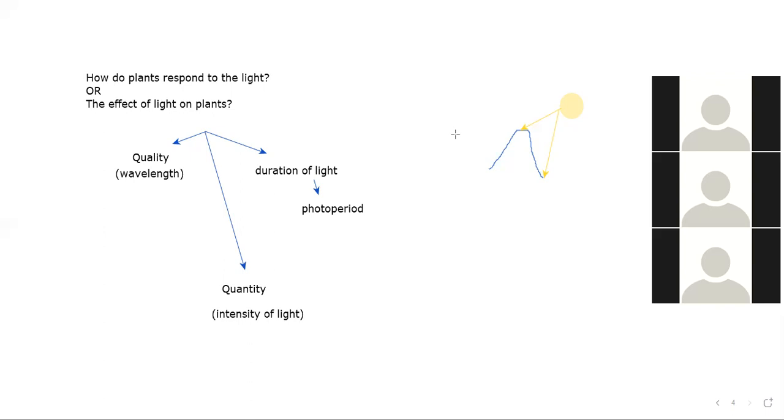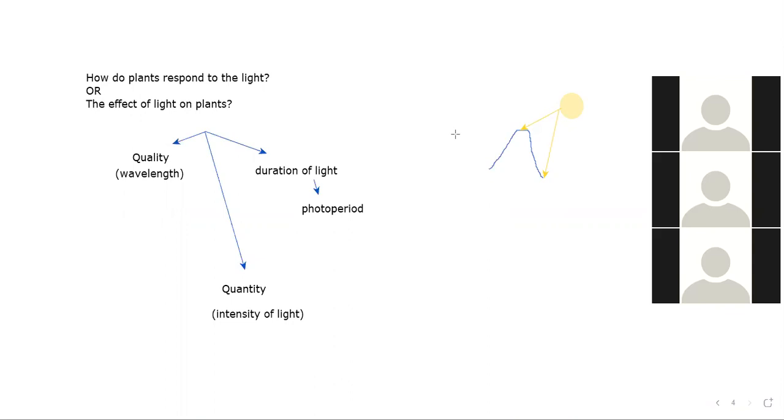Okay. And now the second is, we can say, shade intolerant plants. So shade intolerant plants are those plants which cannot compromise with the intensity of light. They need a sufficient intensity of light always for their activities related with photosynthesis.